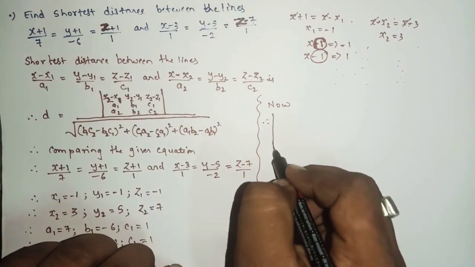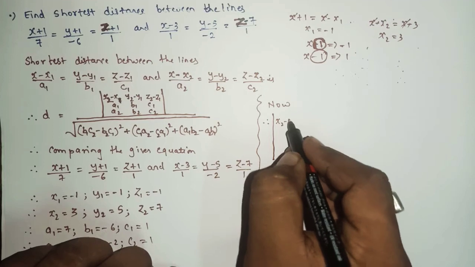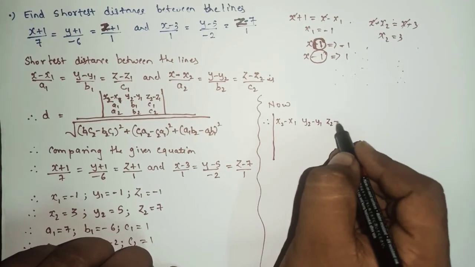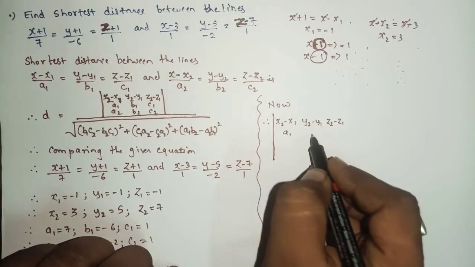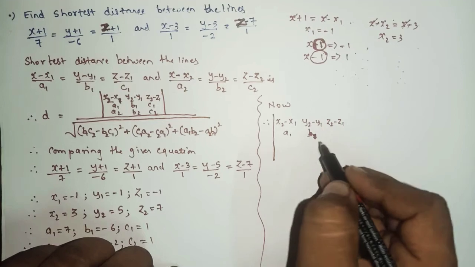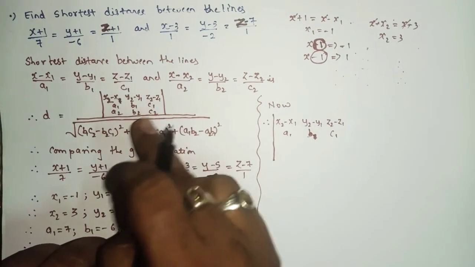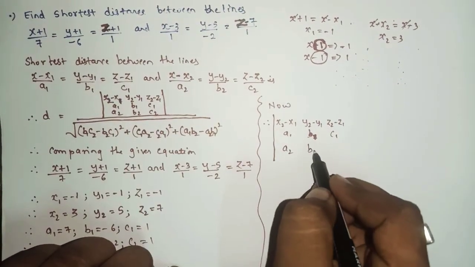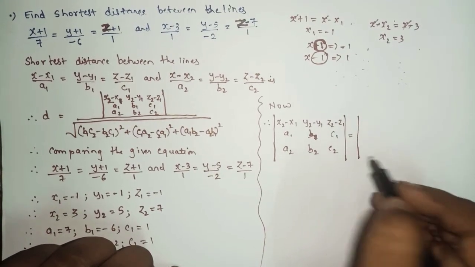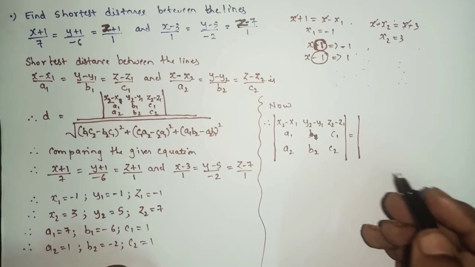As here the numerator section is x2 minus x1, y2 minus y1, z2 minus z1, a1 b1 c1, a2 b2 c2. Simply you have to substitute the values here.